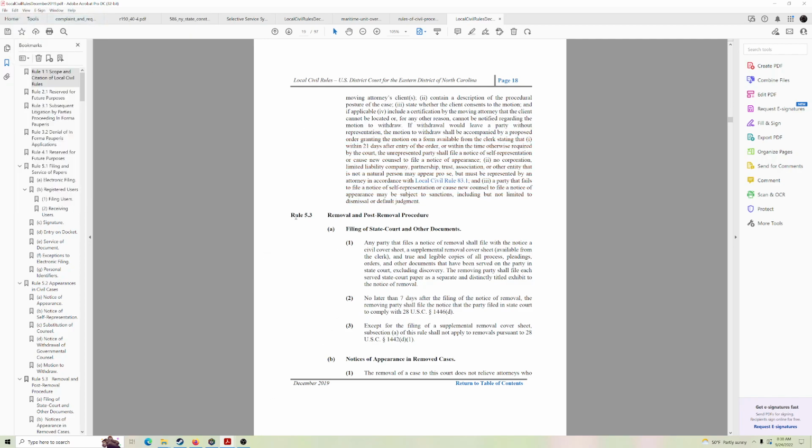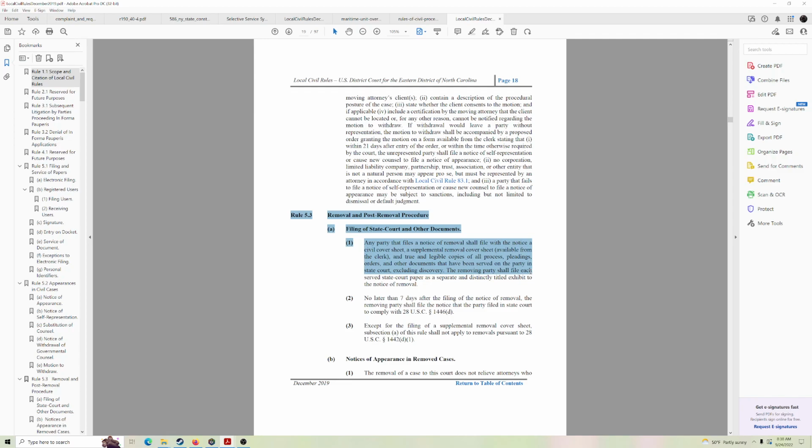Rule 5.3 Removal and post removal procedures. A. Filing state court and other documents. 1. Any party that files a notice of removal shall file with the notice a civil cover sheet, a supplemental removal cover sheet if available from the clerk, and true and legible copies of all process, pleadings, orders, and other documents that have been served on the party in state court, excluding discovery.